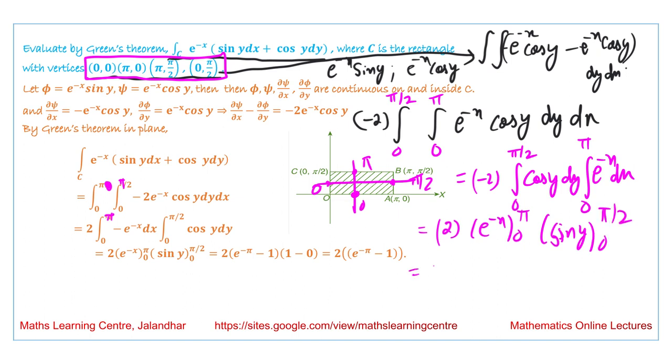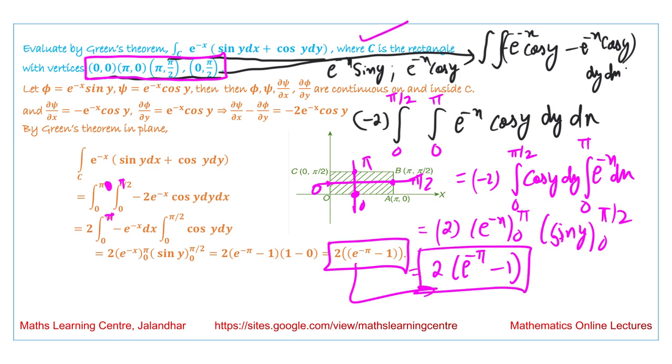So this is equal to 2 into e raised to the power minus pi minus 1. This is the answer we obtain for this integral. This line integral we have calculated using Green's theorem, and we obtain the final answer as 2 into e raised to the power minus pi minus 1.